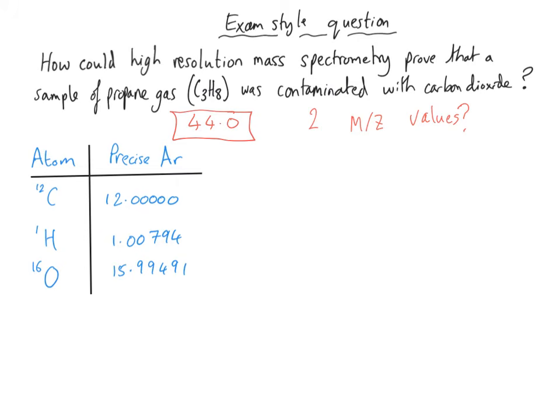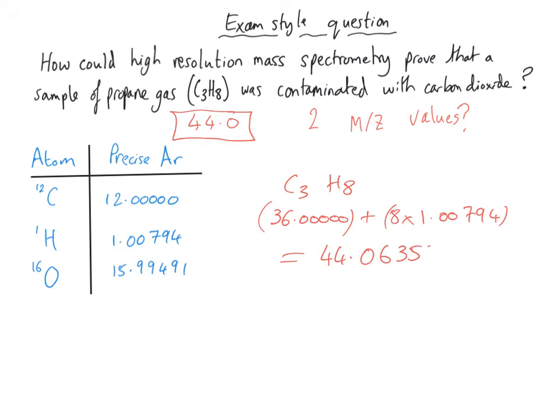However, when we look at the high-resolution C3H8, we need to take 3 lots of that 12.0, which is going to be 36.0, but the 8 hydrogen, we need to add on 8 lots of 1.00794, which is going to give us a total of 44.06352. So this one is even more different from the 1 decimal point MZ value, and that's because hydrogen is quite a bit heavier than we think, and there's 8 of them in this molecule.